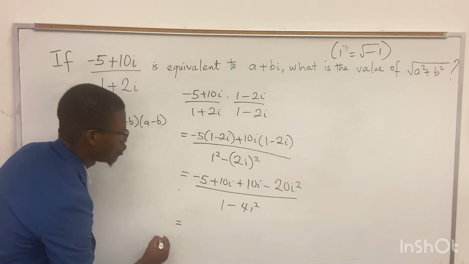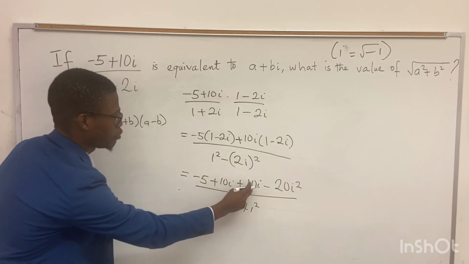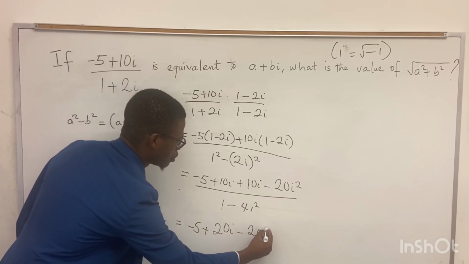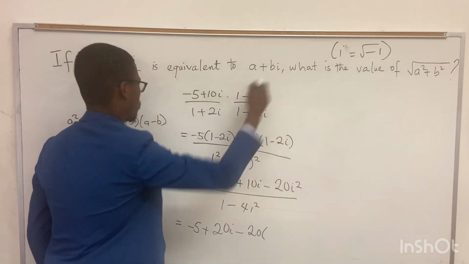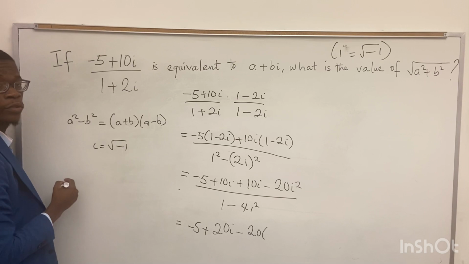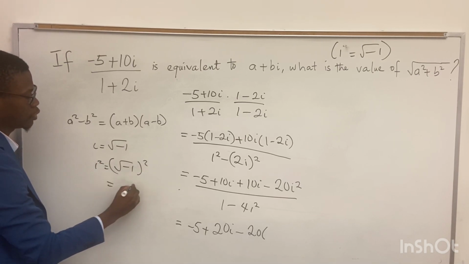Then this becomes -5 plus 10i minus 10i, which cancels out, minus 20i squared. What is i squared? Now i is the square root of -1. i squared will be the square root of -1 squared, which is -1.